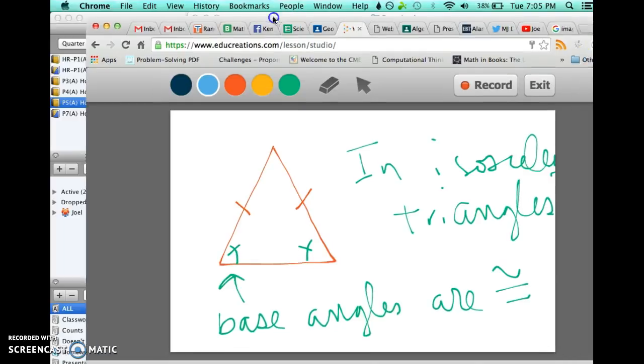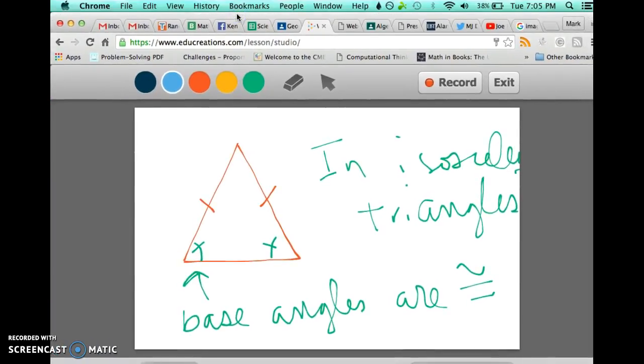Well, the surprise then, it turns out to be that if the two sides are equal, as they are in an isosceles triangle, then the two angles opposite those sides are equal as well. Now, for whatever reason, we call those base angles. They're the ones opposite the two equal sides. I'll draw the arrow to show the opposite, but I think it just makes it messy, so I'll get rid of that.